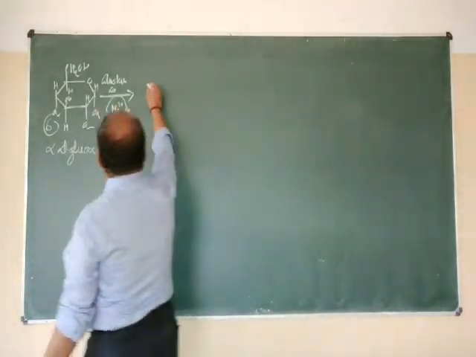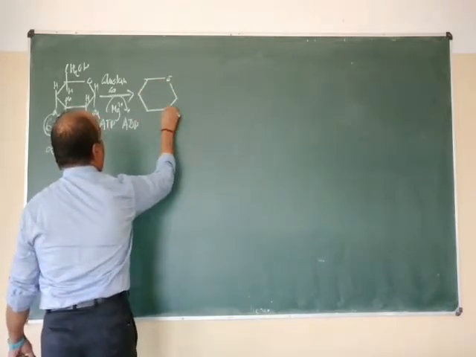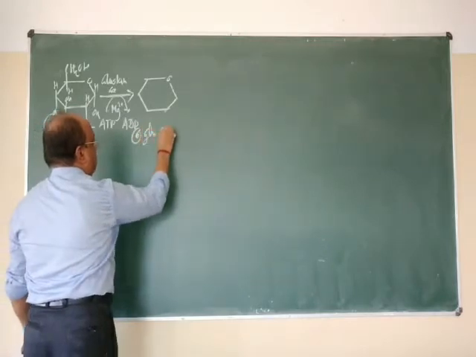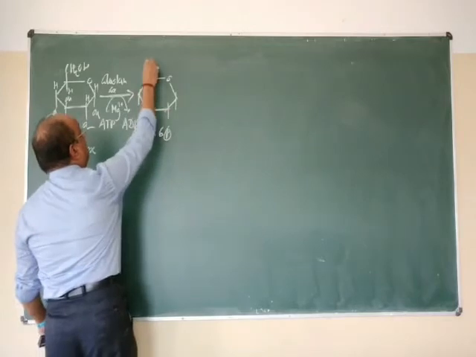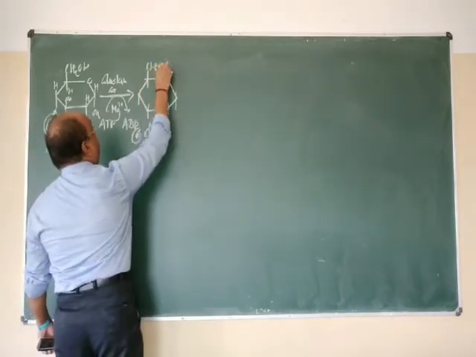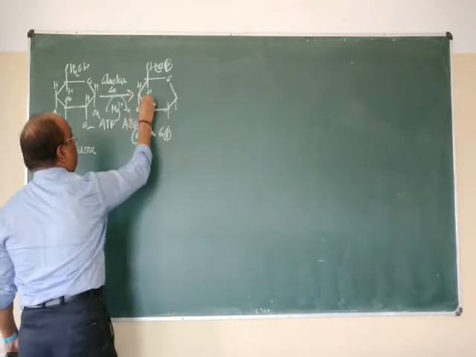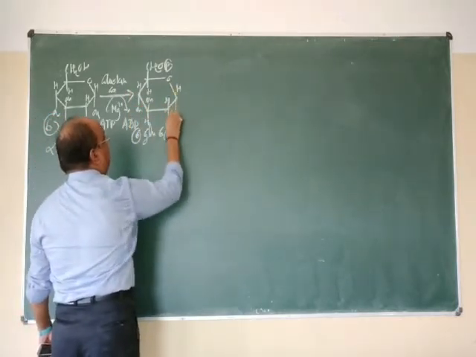Now it is converted into 6 molecules of glucose 6-phosphate, with CH2OP after phosphorylation.